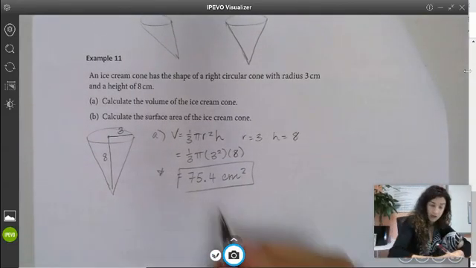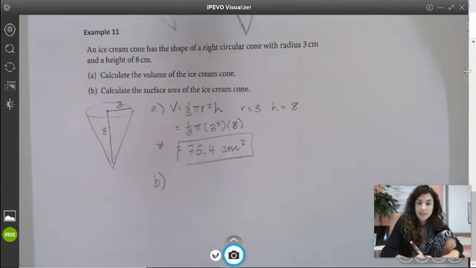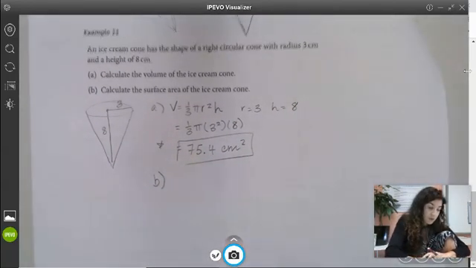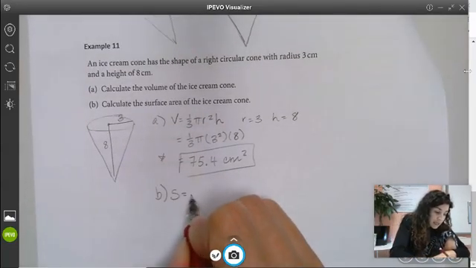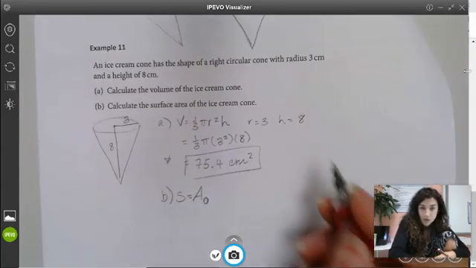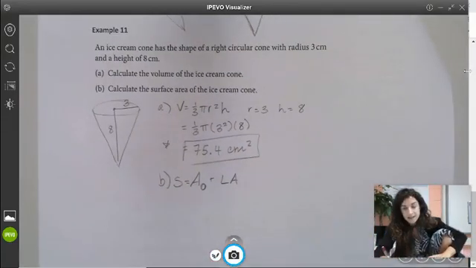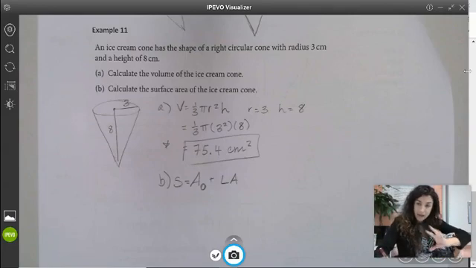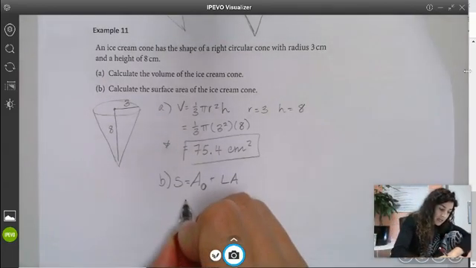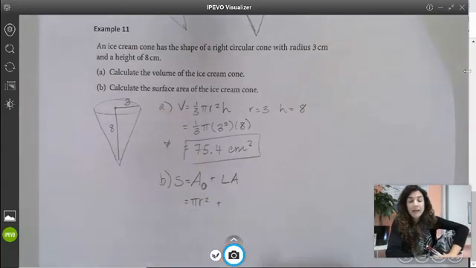In order to calculate the surface area, what we should be thinking in our head is that we need to figure out what the surfaces are. Well, the surface area is the area of the circle plus, and I'm going to call it LA. L is lateral, A is area, so it's your lateral surface area. Area of the circle is pi r squared, which we can find in our formula packet.